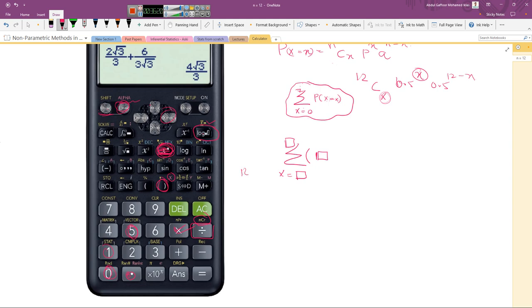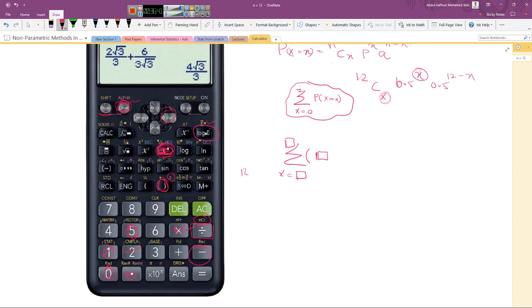So 12, minus, and x again, alpha and close bracket, so alpha x.